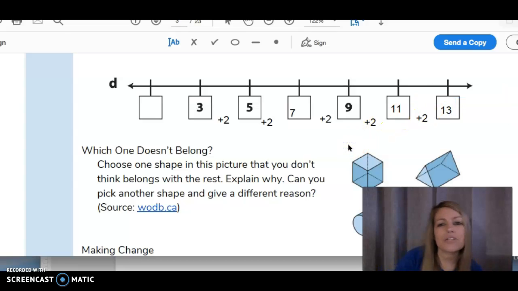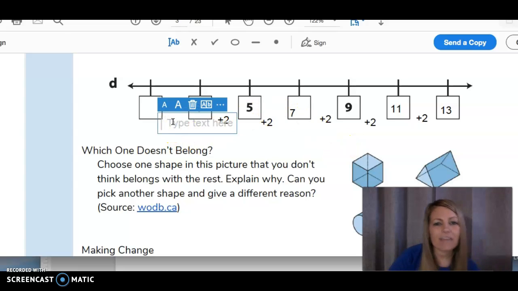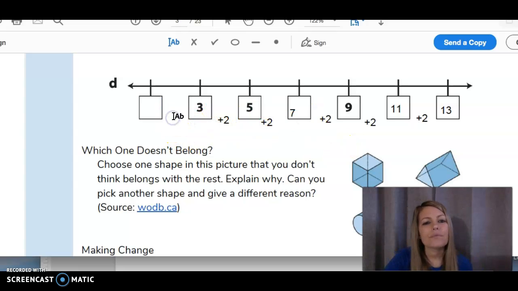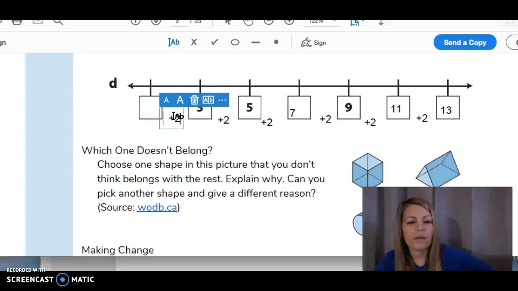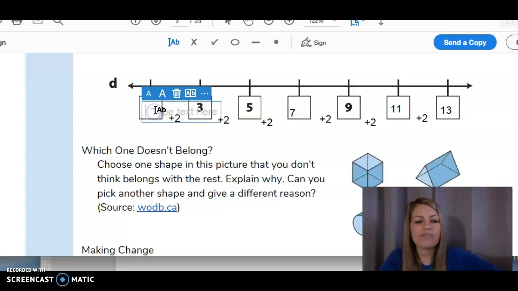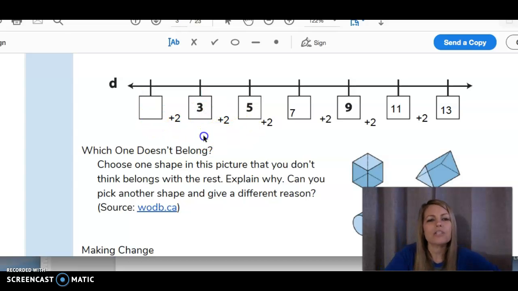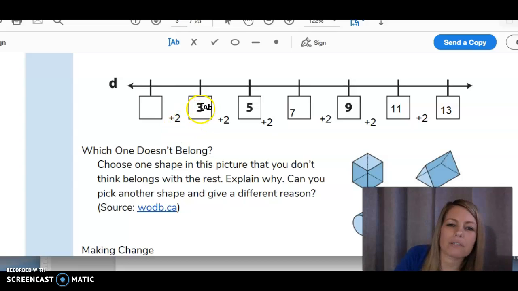So here's where it gets tricky. We know we have a plus 2 pattern, but if I take 2 plus 3 and put 5 here, that won't make sense because then 5 plus 2 more would be 8. That's going to throw off our pattern. So we actually have to work backwards a little bit.